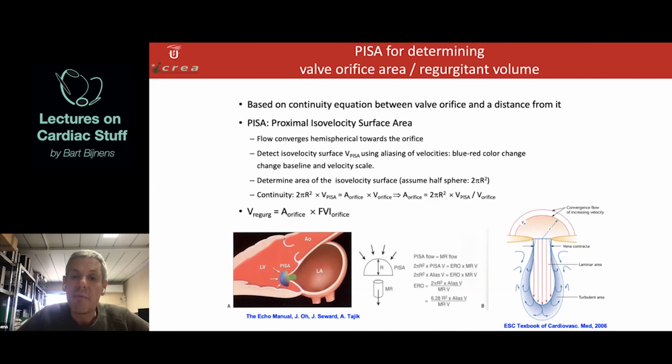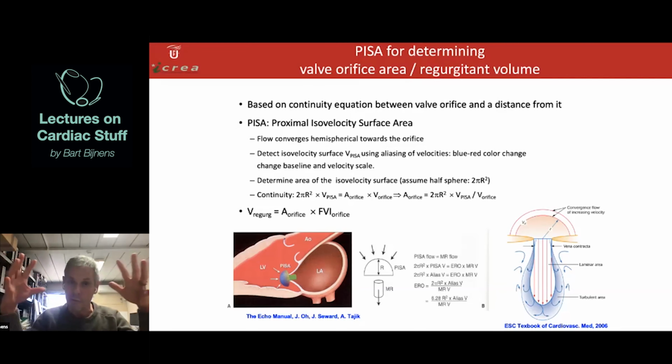Now, another way that people have been proposing is that we can do a continuity equation based on what we know about the dynamics of the flow. So if we assume that going from a very large ventricle into a small hole in the valve, the flow would converge in a spherical way, so that there's a certain sphere with a certain velocity, and the velocity will become the same and will accelerate according to the spherical distribution.